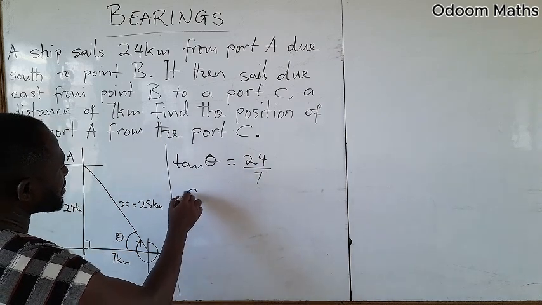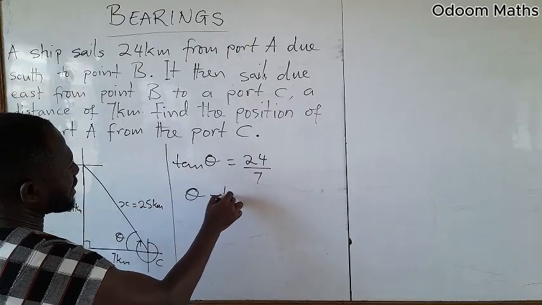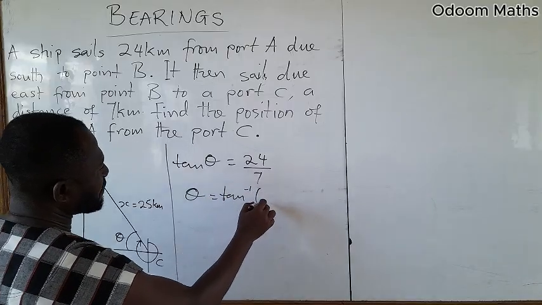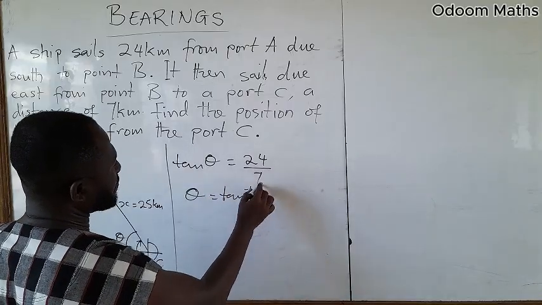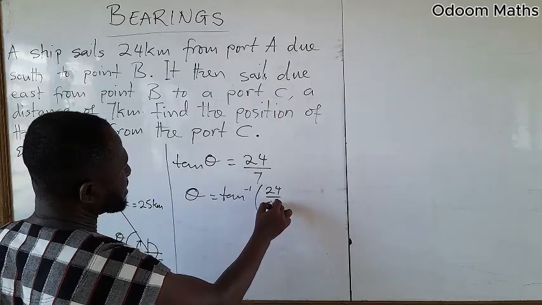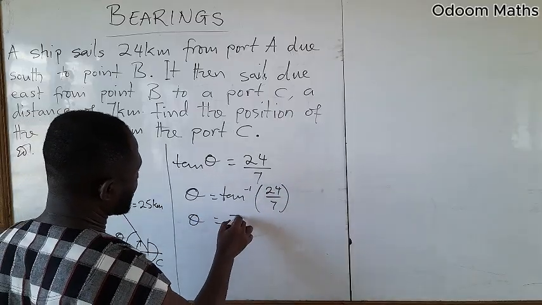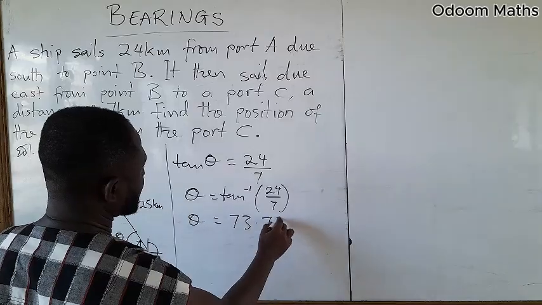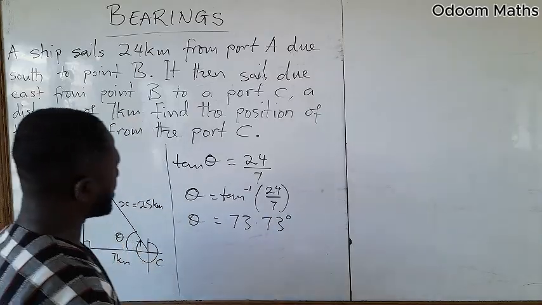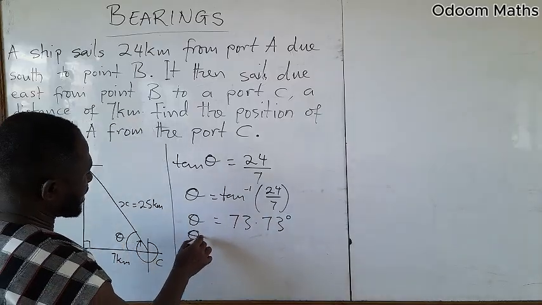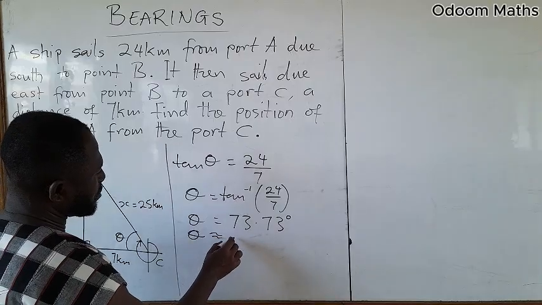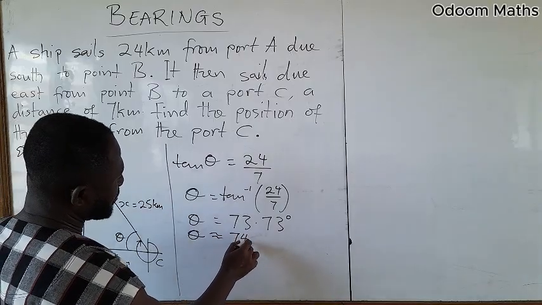So theta becomes tan inverse of 24 over 7. So theta will be 73.73 degrees. Now we can say that theta is approximately equal to 74 degrees.